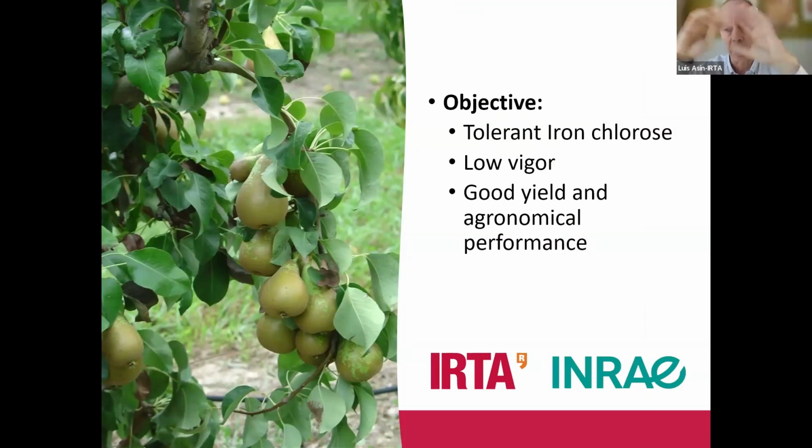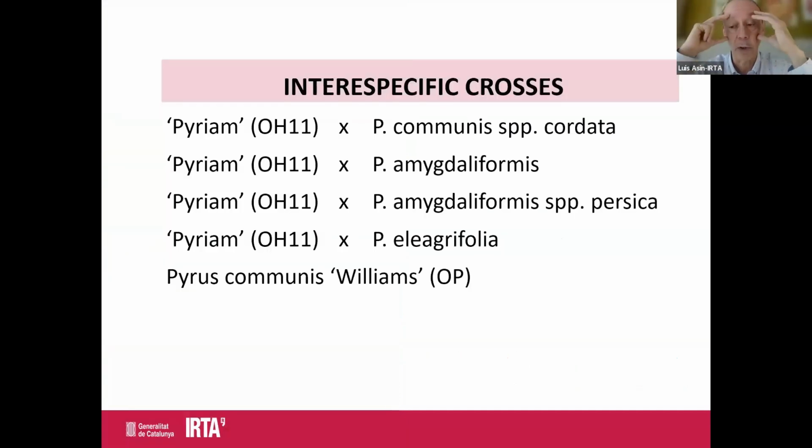You can see that there is nothing related to incompatibility, cold resistance, or drought, and it's strange because we know that we can grow with the water that we have. Sure, with climate change we have to change and move, but at that moment we are talking about the end of the 1990s. This was the main objective for our breeding program. And for this reason, this is a joint project with INRA in France.